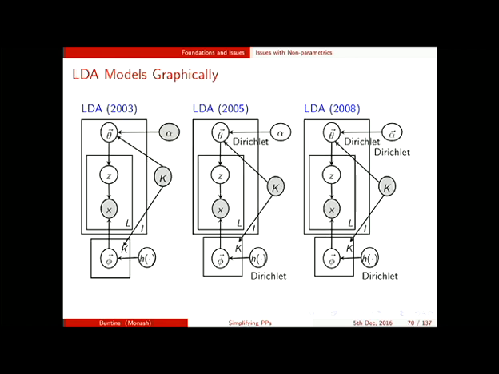So this is how I like to summarise about 5 or 6 years of research in LDA. So just think of mixture models. Initially, you've got mixture models and you say all topics are equally likely.